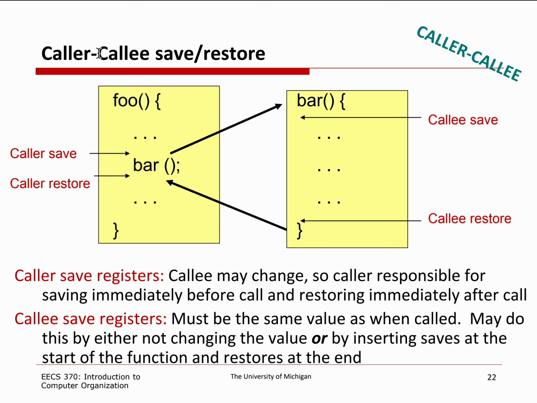You save the registers or variables that you want to save before the function call, and you restore them after the function call. One of the main aspects behind which variables to save and restore is that they must be live across the function call.